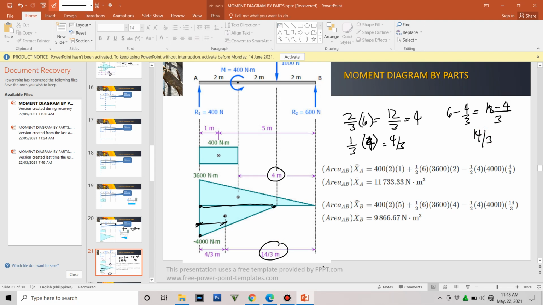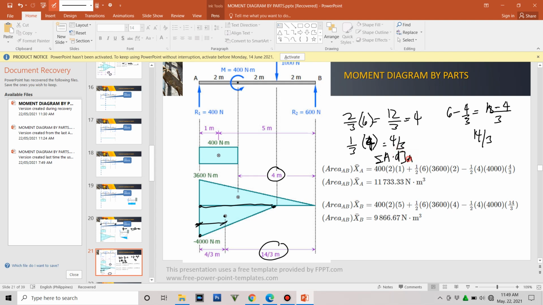Okay, so distances and area lang naman. Summation of area times distance up to A, no? Ito yun. So, moment of area about A ang tawag dyan.